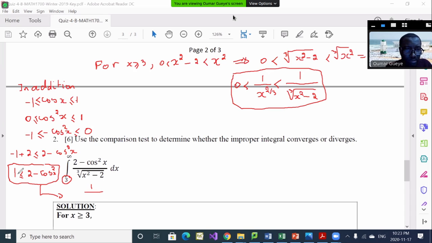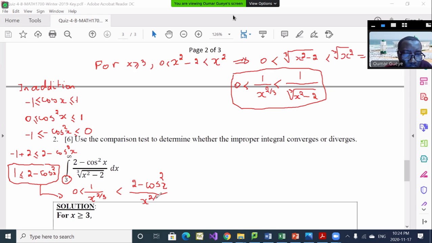So I divide on both sides of the inequality by x to the power 2 by 3.